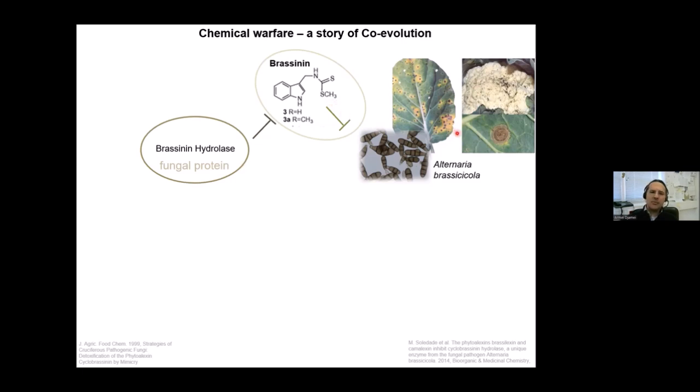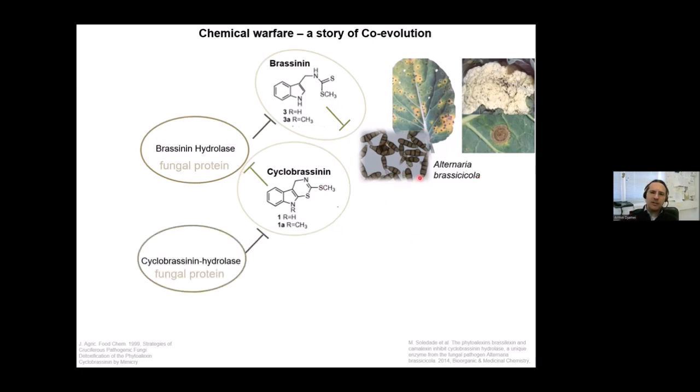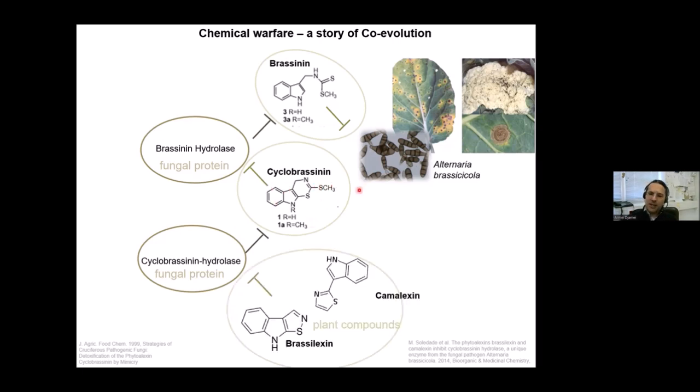So plants again produce cyclobrassinin, which is inhibiting this enzyme in a competitive manner. And again, evolution moves on. Alternaria evolved a cyclobrassinin hydrolase, which can again attack this compound and degrade it. And plants moved on. They have evolved additional phytoalexins, camalexin and brassilexin, which are inhibiting again this enzyme.